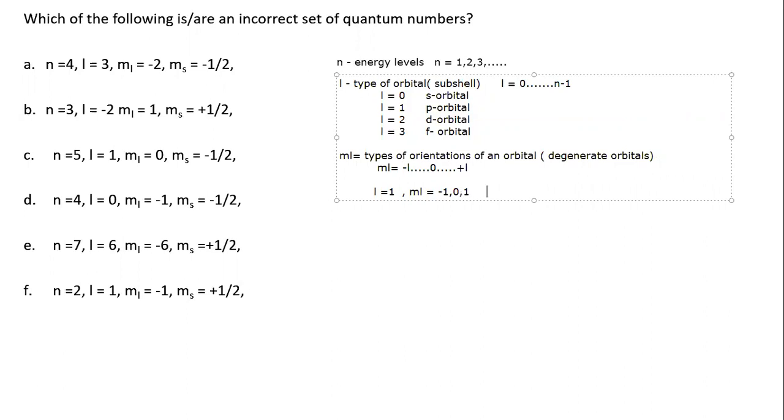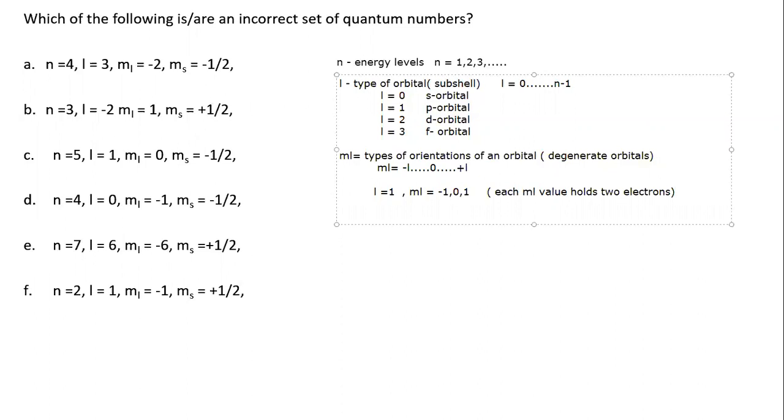Now what you have to remember is that each M sub L value holds 2 electrons. Every time you see an M sub L value, that holds 2 electrons in it. So for example, the P orbital, which is L equal 1, would hold a maximum of 6 electrons.